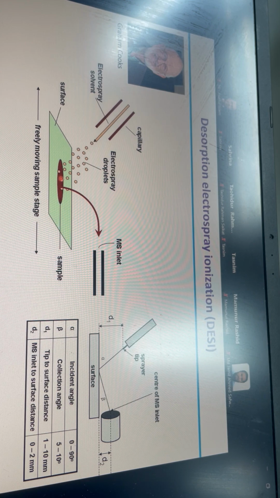Imaging means you can spot your electrospray solvent on a specific part of the sample. That way you can identify what ions are present in that part of the tissue sample, and you do the experiment throughout the tissue, not only one spot of the tissue.